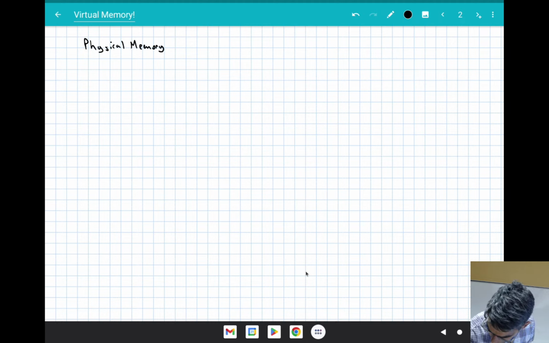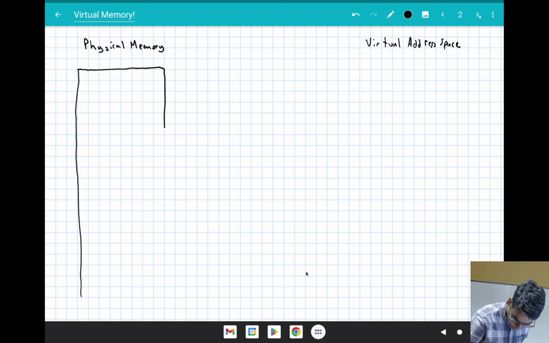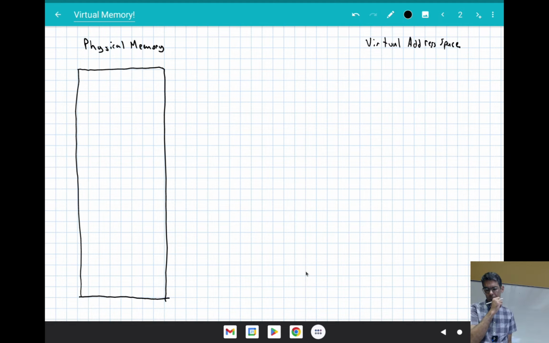and we've got an address space, a virtual address space over here. I'm going to draw both of these in the same way. The traditional rectangle. Physical memory here, we're going to talk about this as though it's my laptop. So physical memory is going to have 32 gigabytes of space to work with.